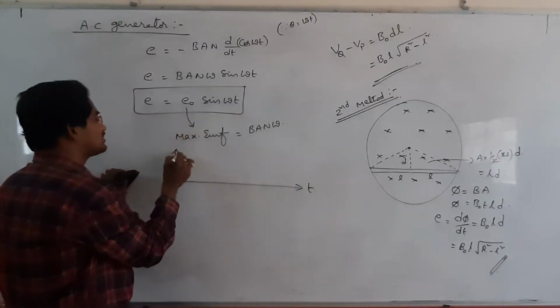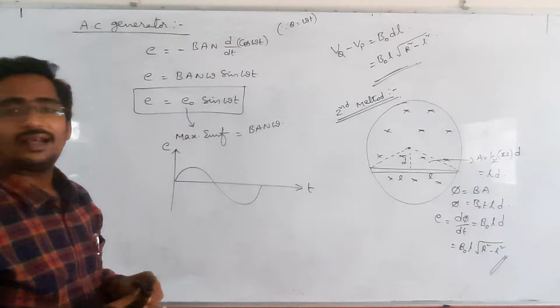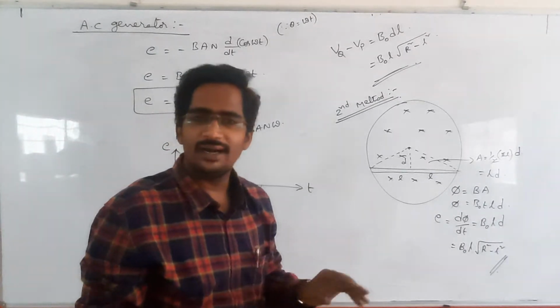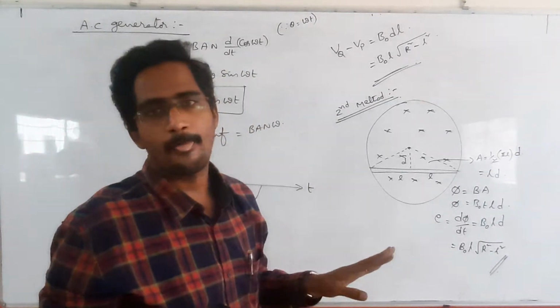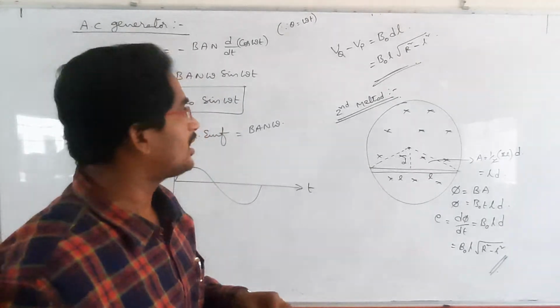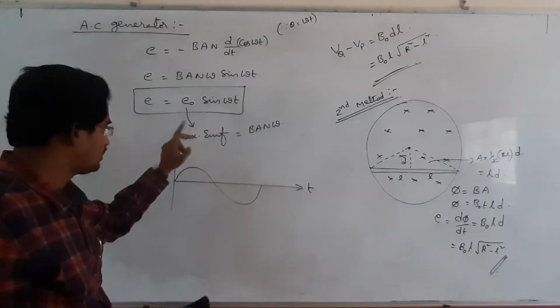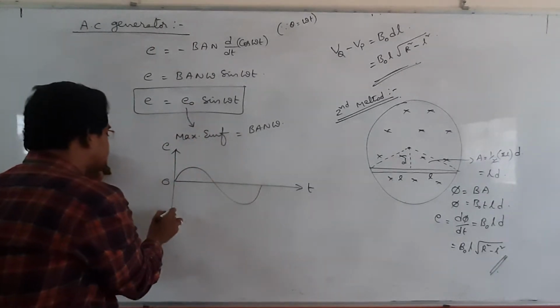The corresponding graph we get like this. Already I told you this. Alternating EMF. Already this was explained well, so I am not going into deep discussion on this. It is not even necessary. Just by knowing this formula, you can solve the problems.